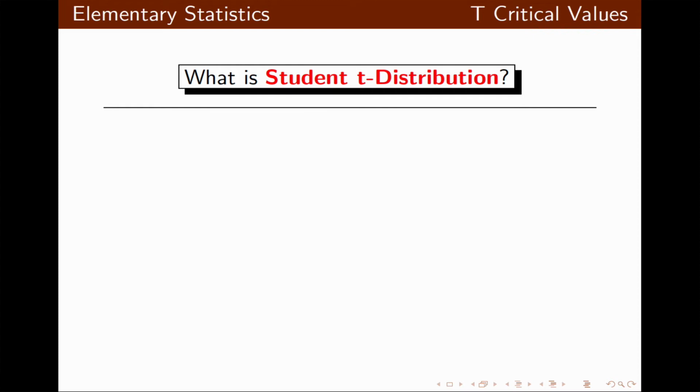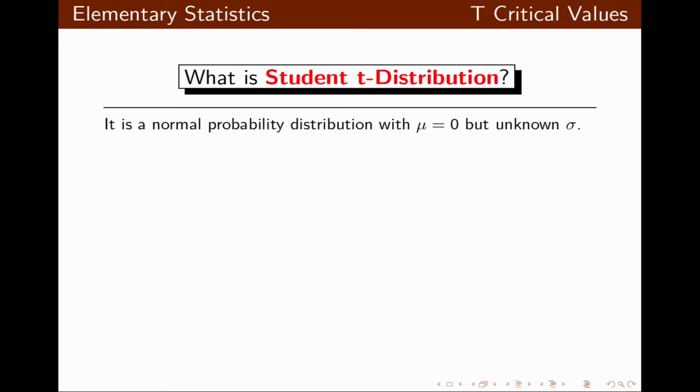Now we're going to talk about student t-distribution. It's a normal probability distribution with mean of 0, but a known standard deviation. The total area under the density curve again is equal to 1.